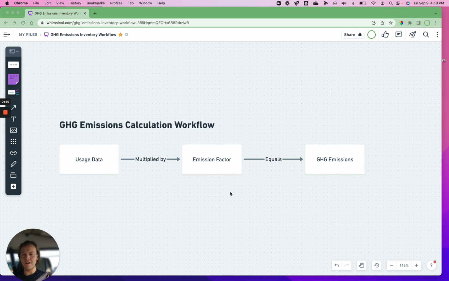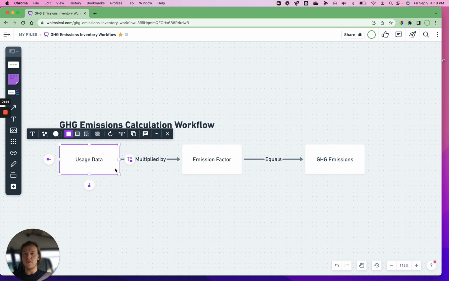So if we look here at the basic equation behind carbon emissions calculations, you start with your usage data, and I'll go through an example of this as well, but this would be something like an electricity invoice or a volume of fuel used during a period.